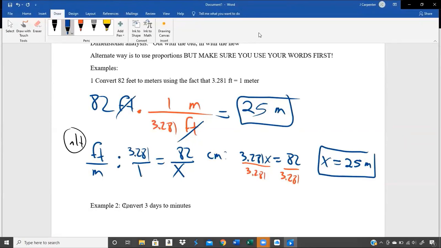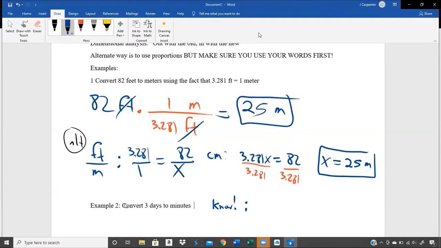So again, you have to know that. You really got to know, well, how many days are there? Well, we're going to minutes. So if we said, well, there's 365 days in a year, that would not be helpful for us because that's going to a larger unit of time, going from days to years when we're supposed to be going to a smaller unit of time, the minutes.